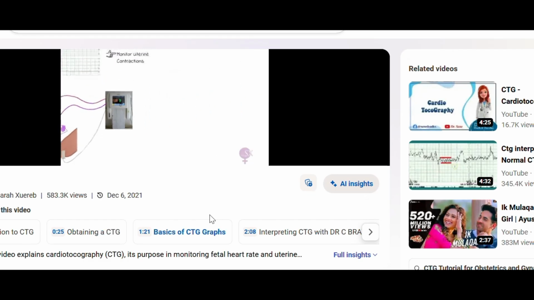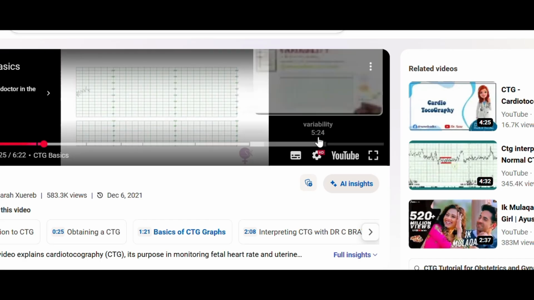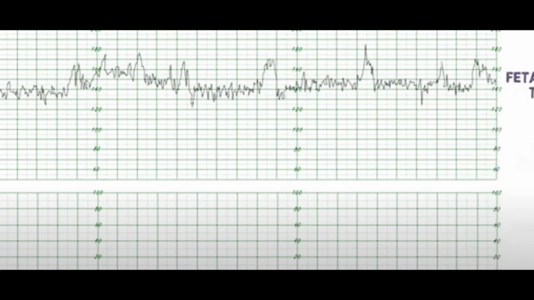Great. So, some CTG basics. Here we've got the graph paper CTGs are printed on. The top trace is the fetal heart trace. The tocometry trace is displayed below.